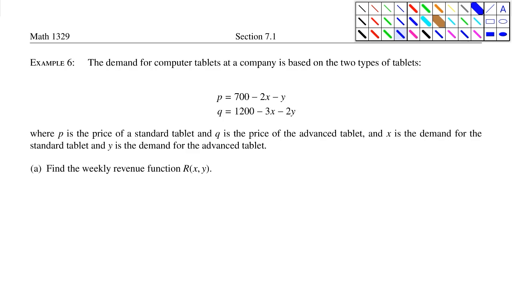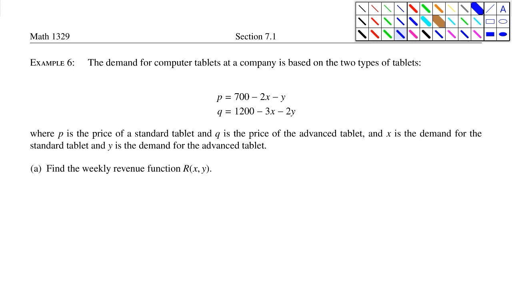In this next example, we're going to look at how to form the revenue function when you have multiple items and multiple demand functions. Example number 6. The demand for computer tablets at a company is based on 2 types of tablets.